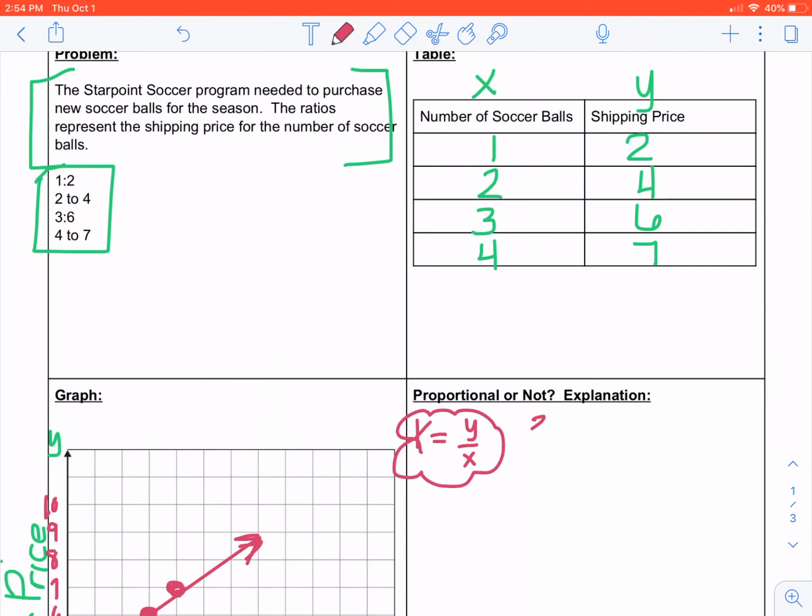So I have 2 divided by 1, that's 2. 4 divided by 2 is 2. 6 divided by 3, that's 2. And 7 divided by 4, that's not 2, so that's why we do all of them. If I divide that in the calculator, 7 divided by 4, I get 1.75.